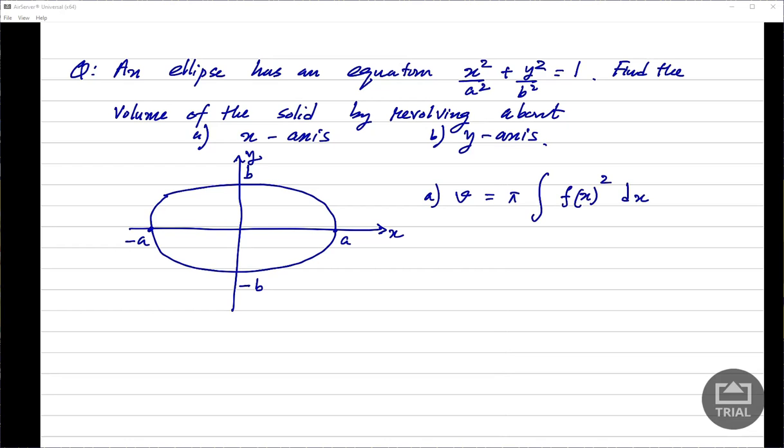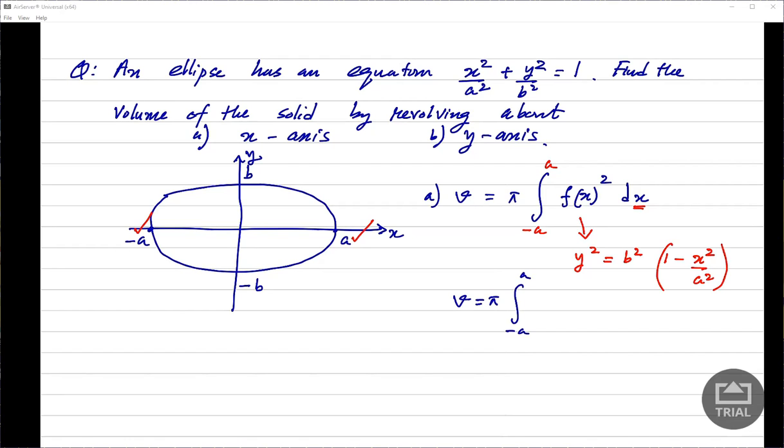So what is the related boundary to x? Minus a to a. To get that as a function of x, you subject y squared. So you would get b squared times 1 minus x squared divided by a squared.